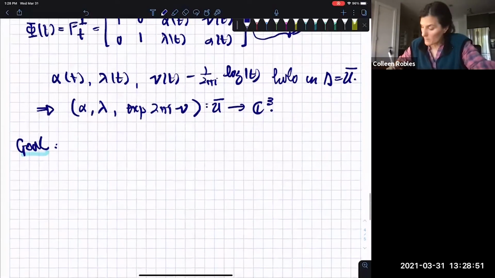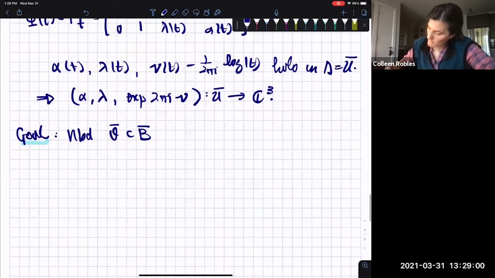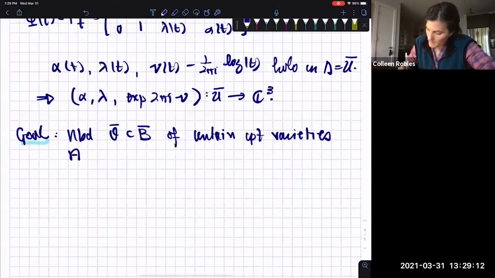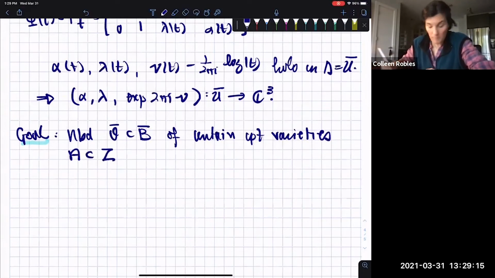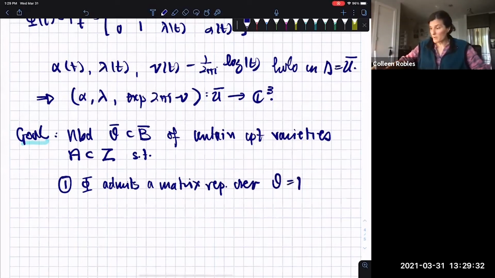The goal is the following. We want neighborhoods inside the compact dual of certain compact varieties A sitting inside the boundary at infinity, so that first of all, phi admits a matrix representation over that punctured neighborhood.